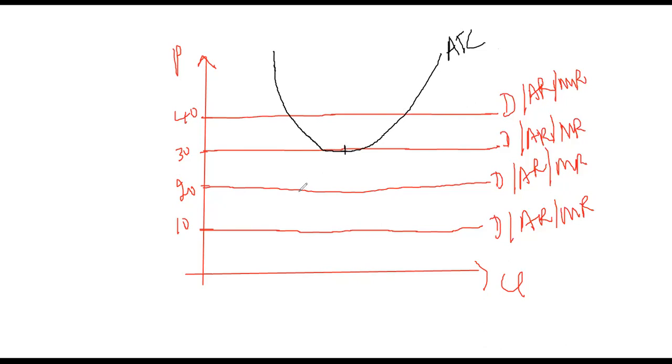AVC is also U-shaped, as we have studied before. The AVC curve is given. Then MC will cut both the minimum of ATC and AVC. So it will be something like this.